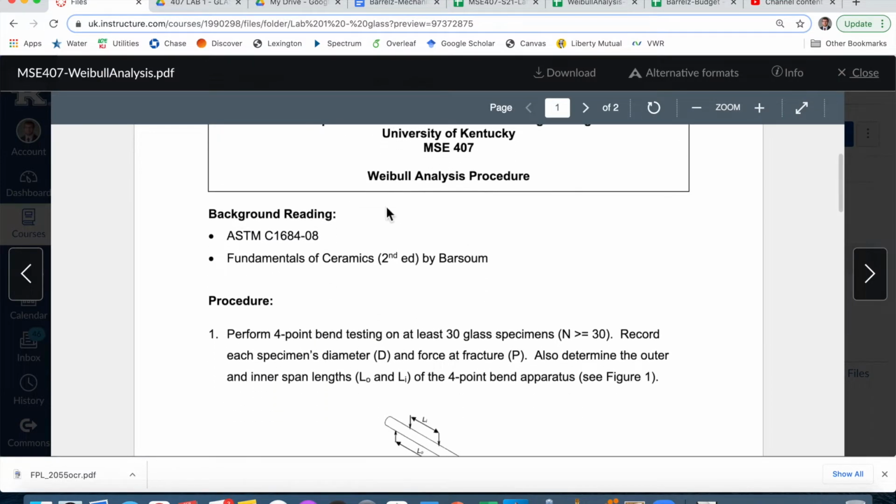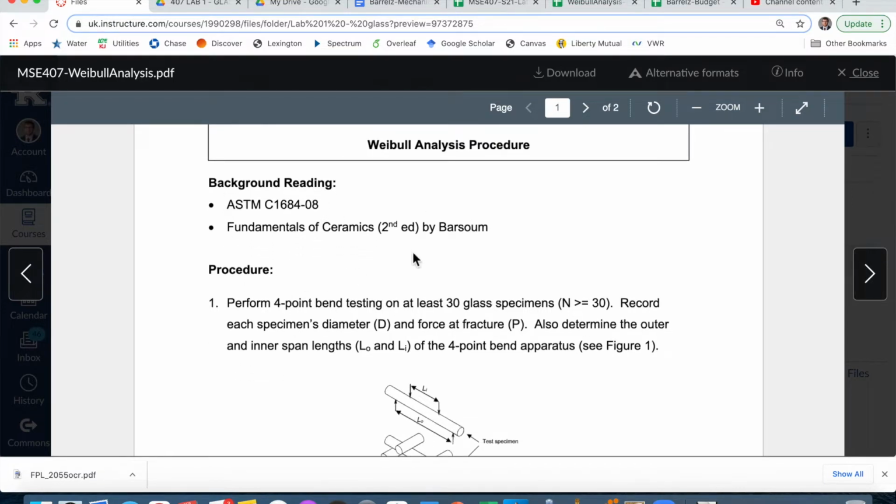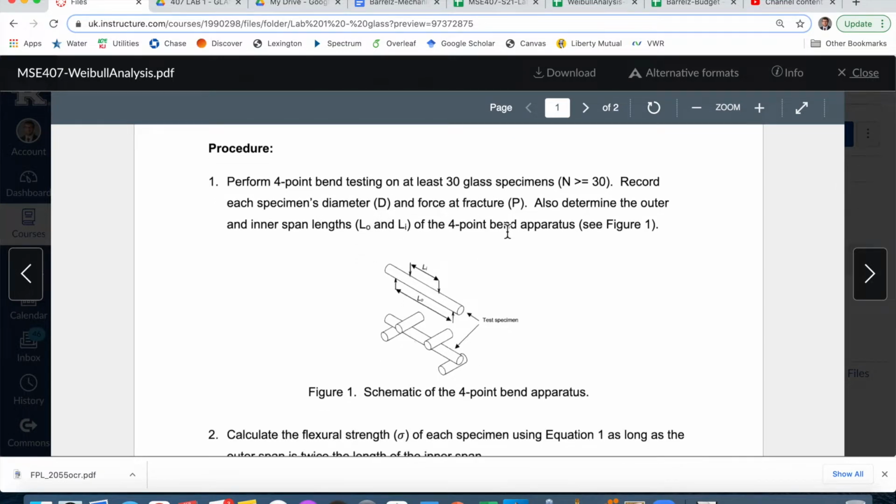It tells you where the material's from, both an ASTM that goes over the flexural strength and also Fundamentals of Ceramics, which goes over the procedure for doing the Weibull analysis. So it's assuming we've done 4-point bending of at least 30 glass samples. You've recorded the diameter and the force at fracture, which sometimes we call load, and that you know the inner and outer span lengths.